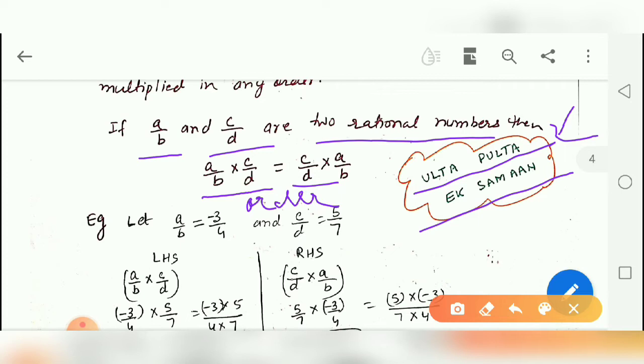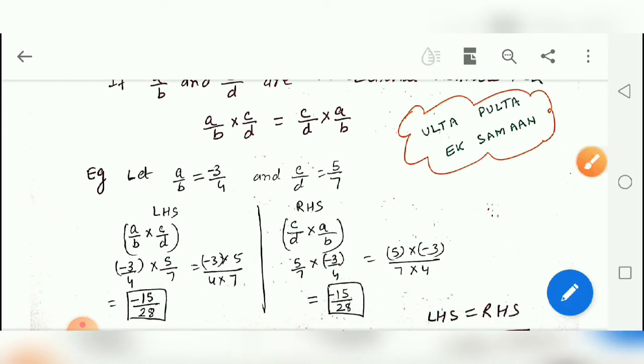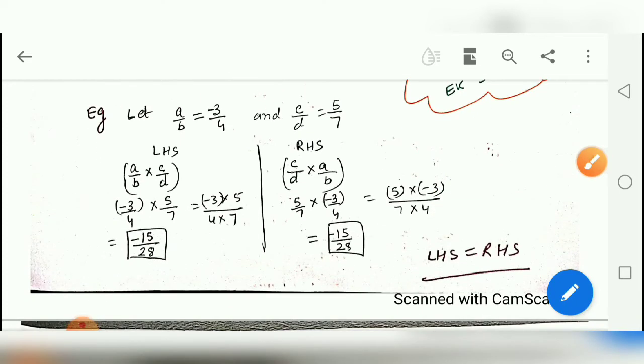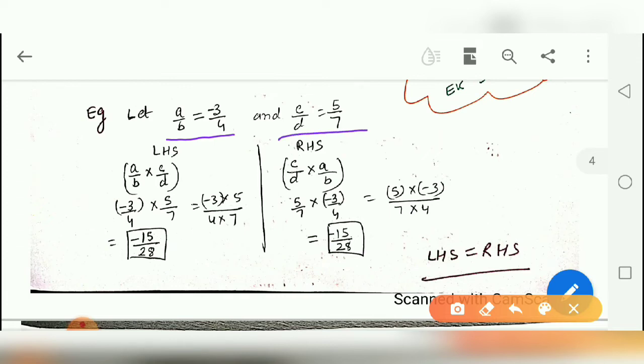Now let us understand this property with an example. Here I have taken two rational numbers, a upon b as negative 3 upon 4 and c upon d as 5 upon 7. Now I will write the left hand side and right hand side and change the order. Let us see what happens. On the left hand side I am multiplying a upon b into c upon d.